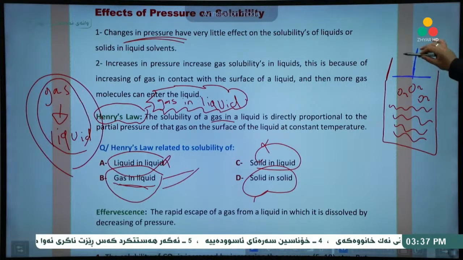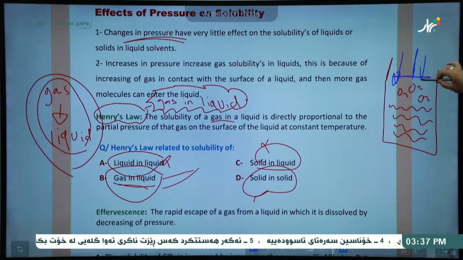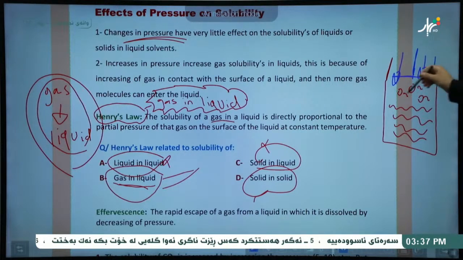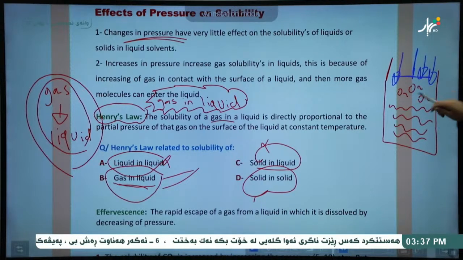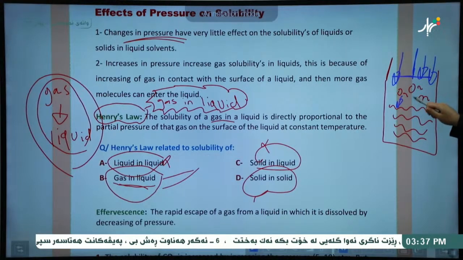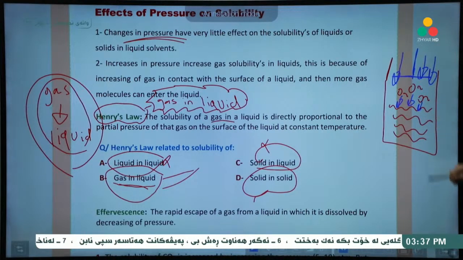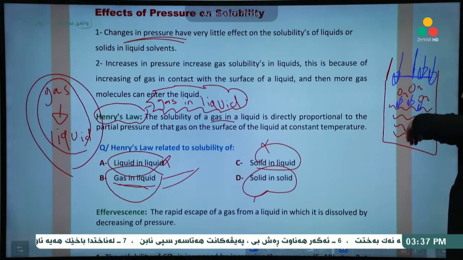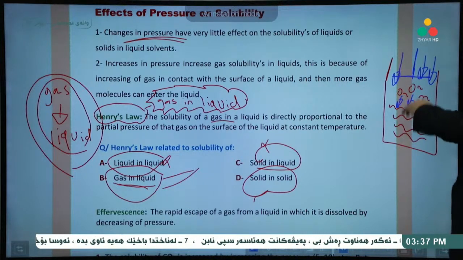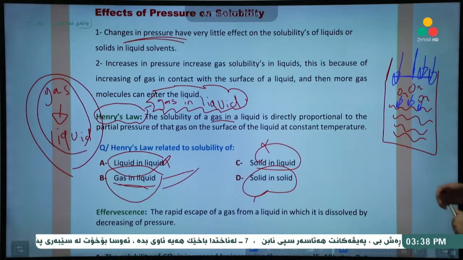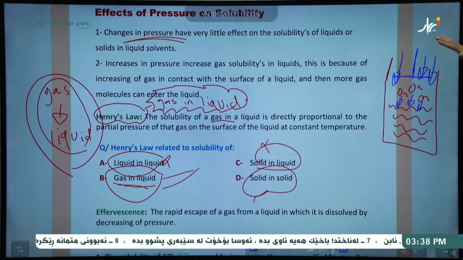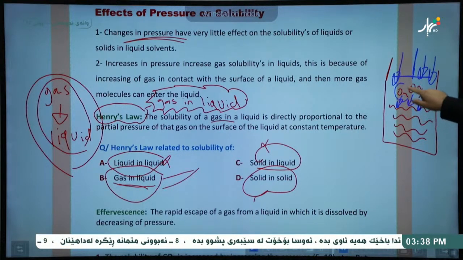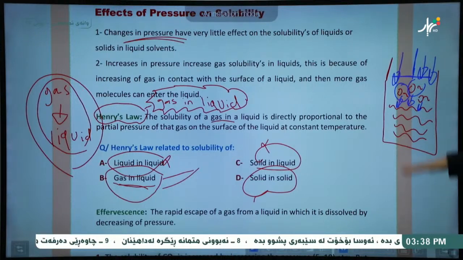Why? Because if we increase the pressure, look, the particles of oxygen start to enter the inside of the solution, the inside of the solvent, because we just pressed the particles of O2 into the liquid.